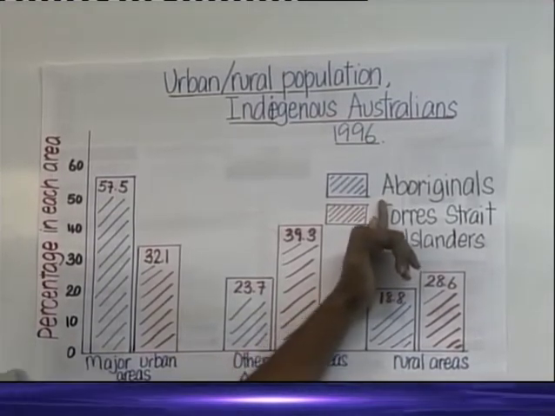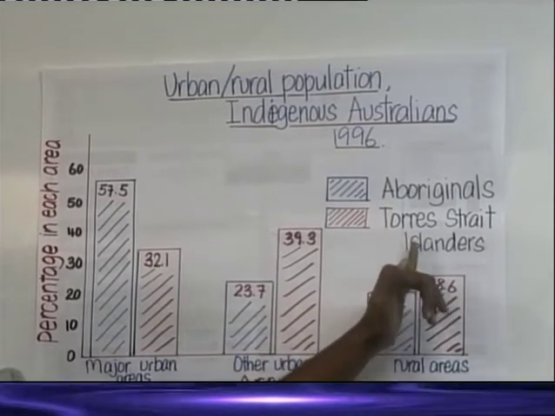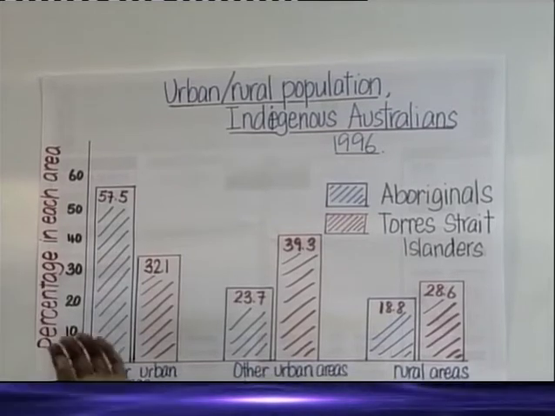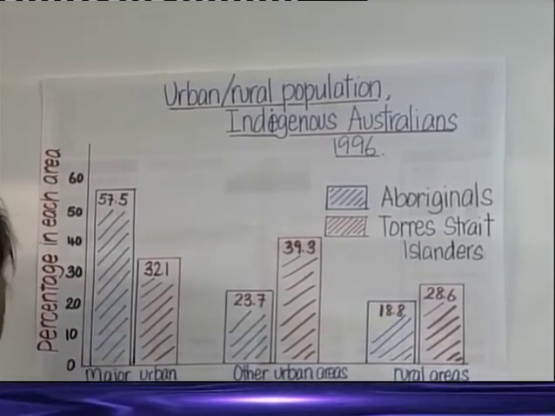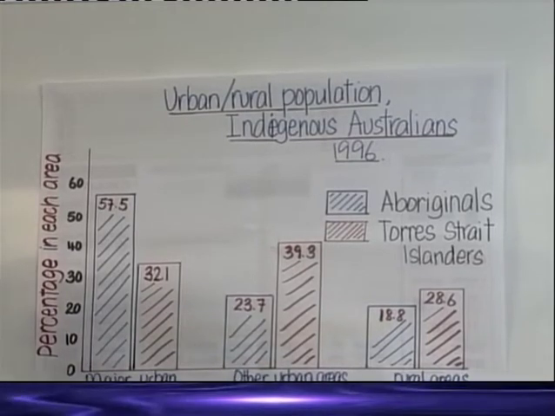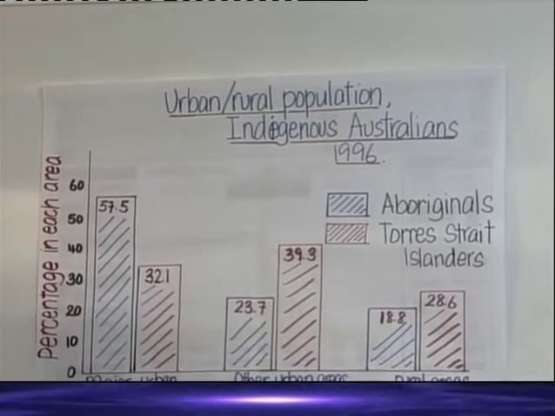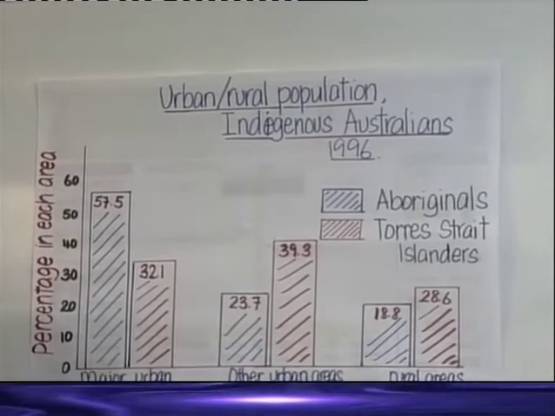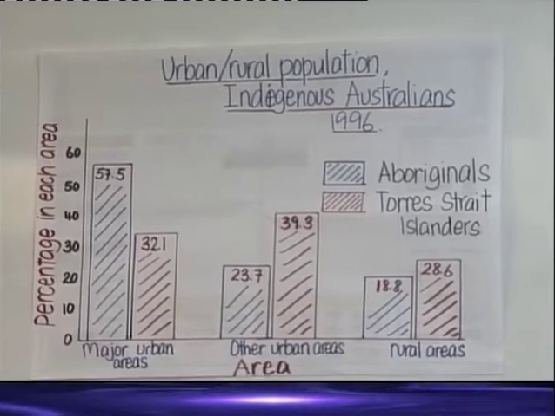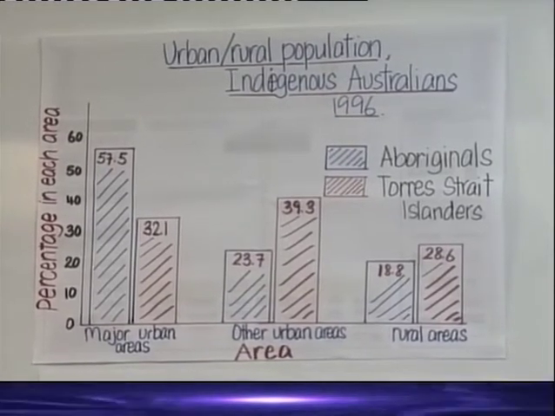Aboriginals are natives of Australia. Torres Strait Islanders are also natives. They are the original inhabitants of a particular area, like we said, native culture or native language or origin. So it's meaning natives.